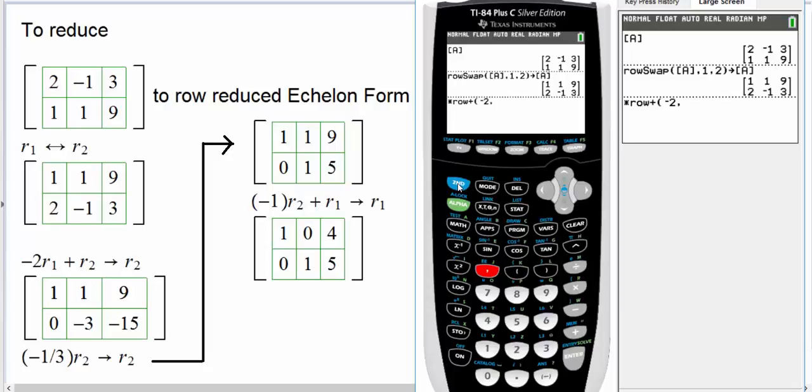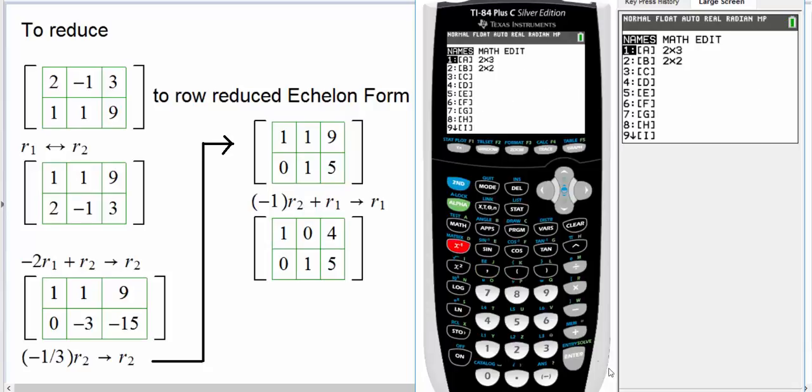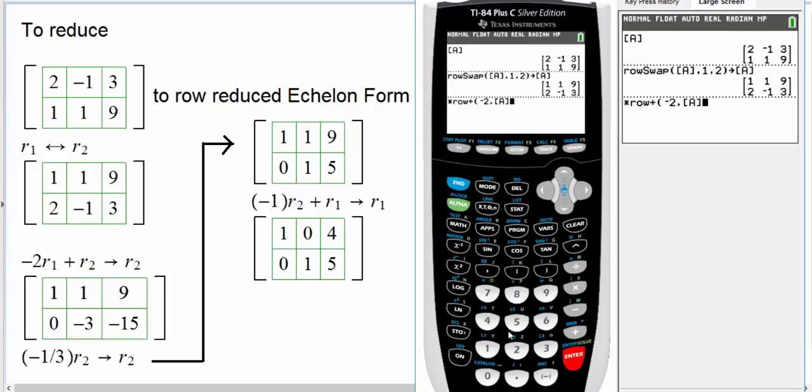And where are we doing that multiplication? We are doing it on A. What are we multiplying with -2? We are multiplying row number 1 by -2, right? And then what are we adding it to? We are adding it to row number 2.